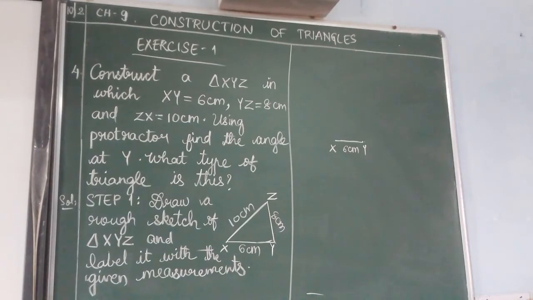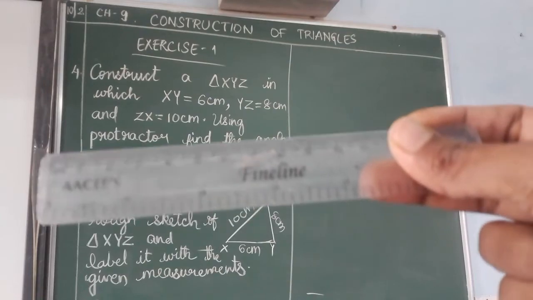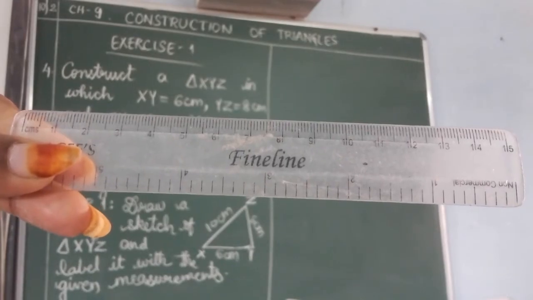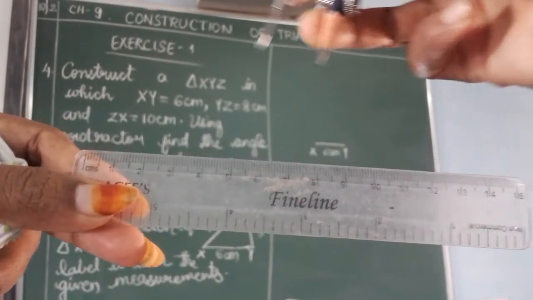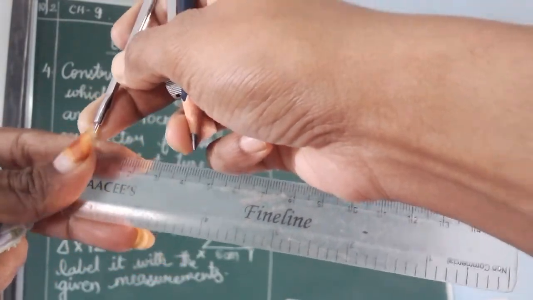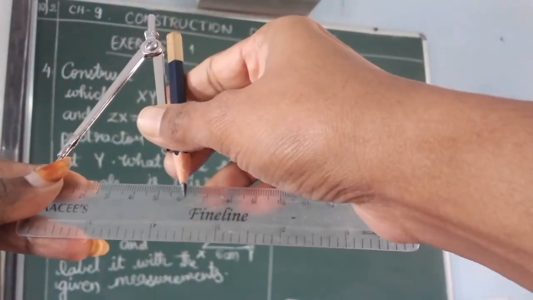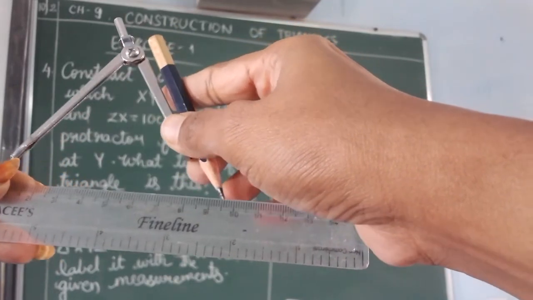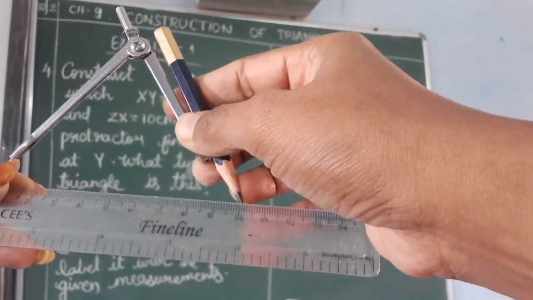So on the board I have drawn XY which is of length 6 centimeters. Now you know that XZ is 10 centimeters. So with X as the center, you have to take 10 centimeters. Use your scale, children. Scale. Now use your compass. 0. And from here you need to take 10 centimeters.